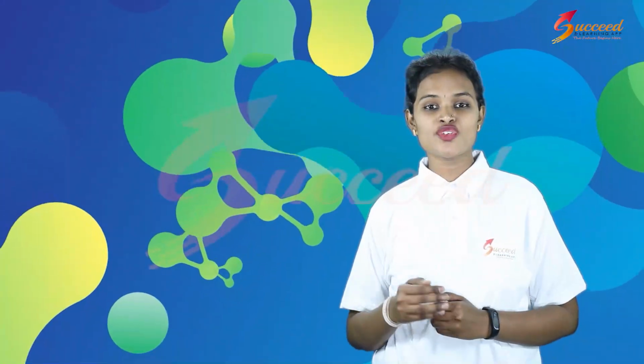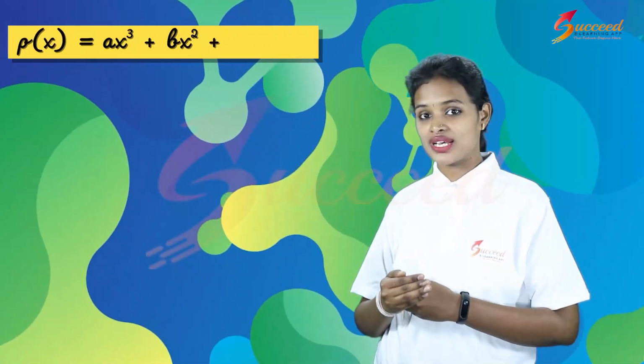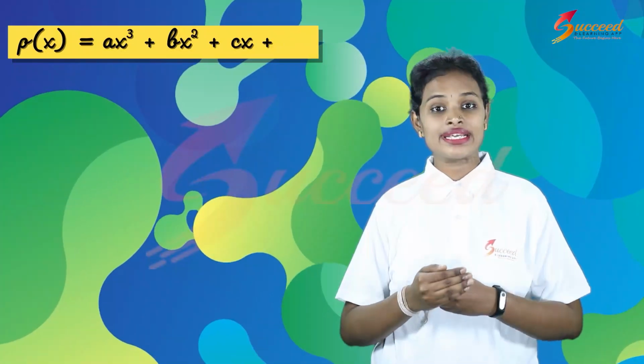In a similar way, we can try for cubic polynomials by considering the general form p of x is equal to ax cube plus bx square plus cx plus d.